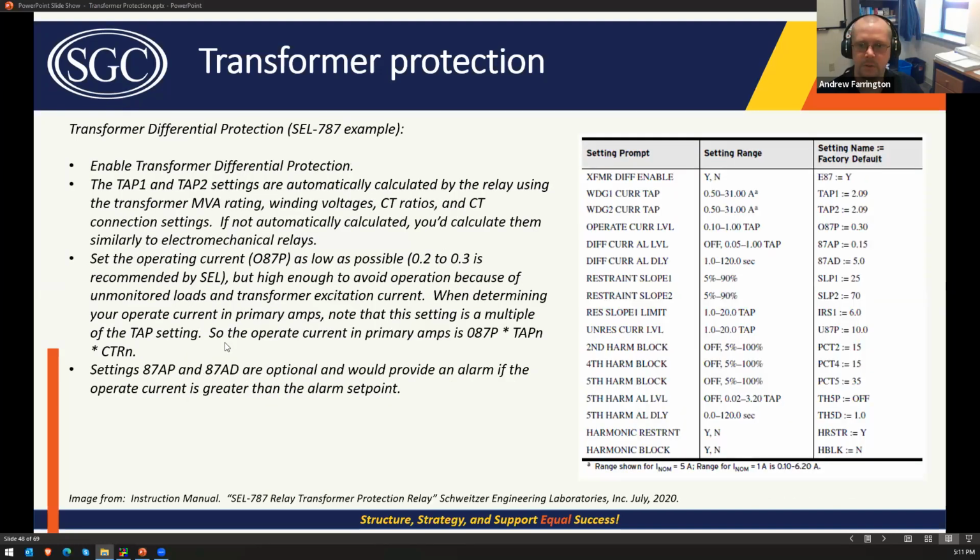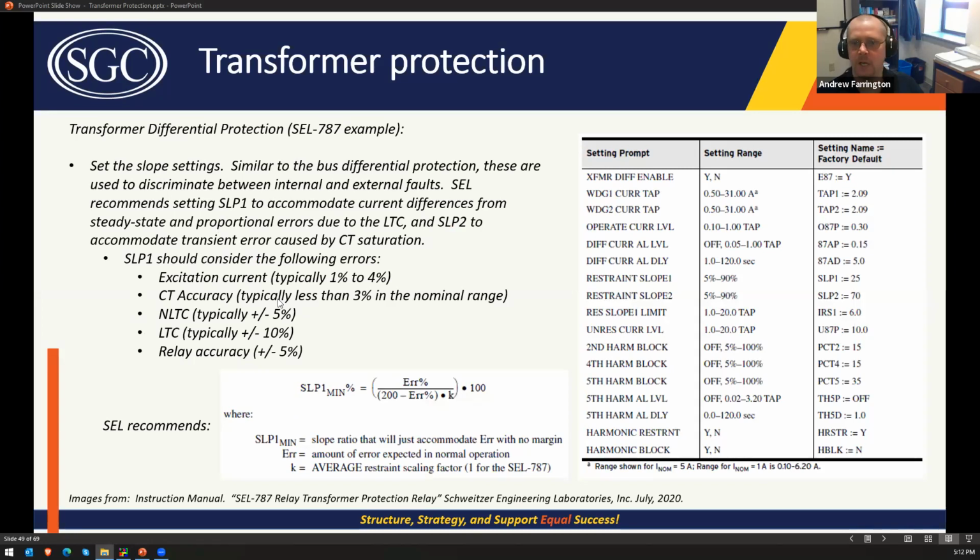Okay, I went too far right here. Okay, so this is talking about the first slope. This one is a little bit different than bus differential because, like I said, the transformer has different errors, steady state errors is what they call it, or proportional errors.